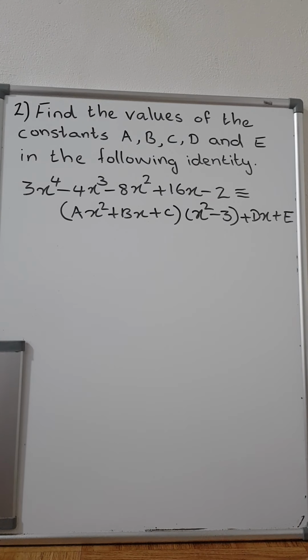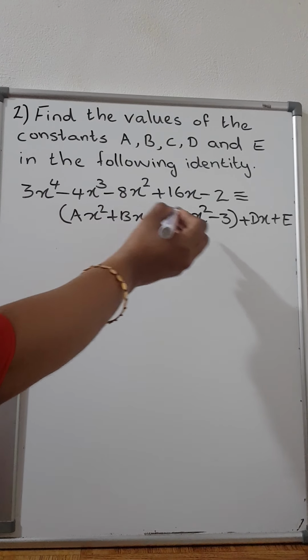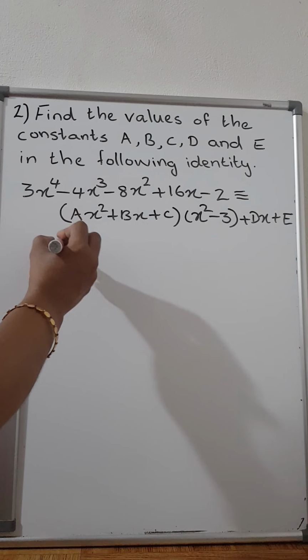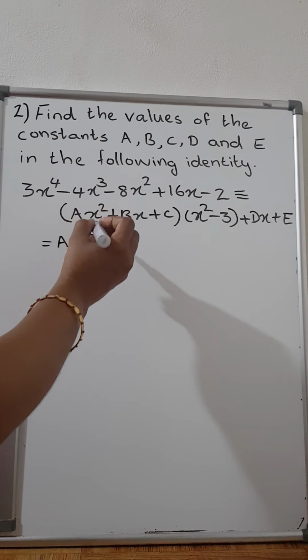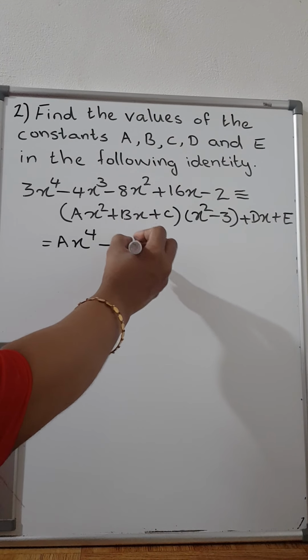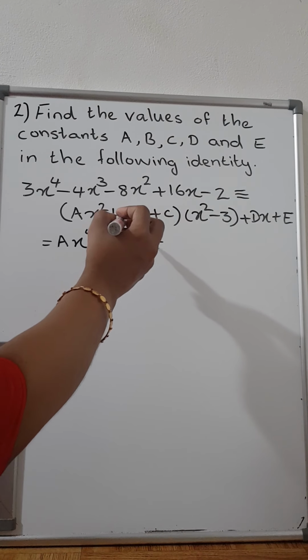So, to find the unknowns, we need to compare the coefficients. For that, I am going to remove the brackets of the right hand side. It's not necessary to remove the brackets; even without removing you can do it. ax squared times x squared is ax to the power 4. ax squared times minus 3 is minus 3ax squared.